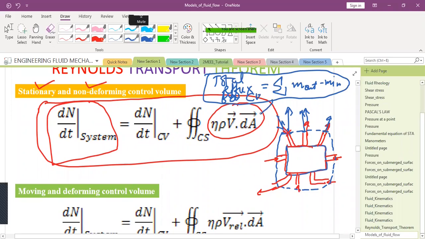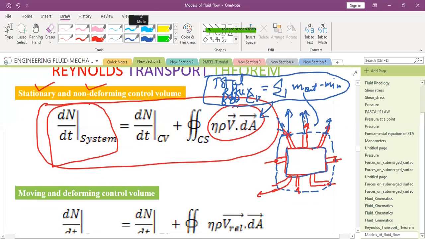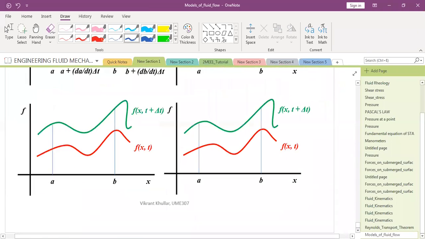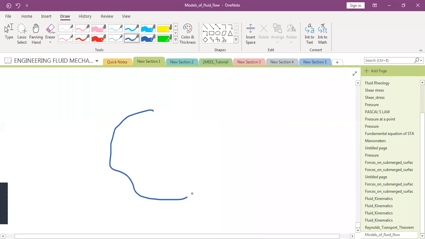Now this expression is written like this because it is simple to apply if you have discrete inlet and outlet points. But for instance, you have something like a membrane in which some fluid was entering at some location, some fluid was exiting at some location. At each location the surface normal will be perpendicular, and say this red represents the surface normals at the locations.